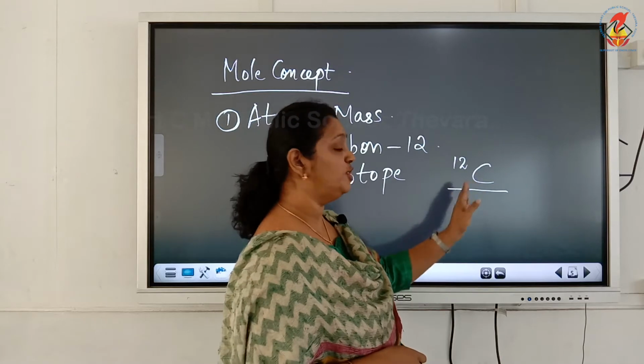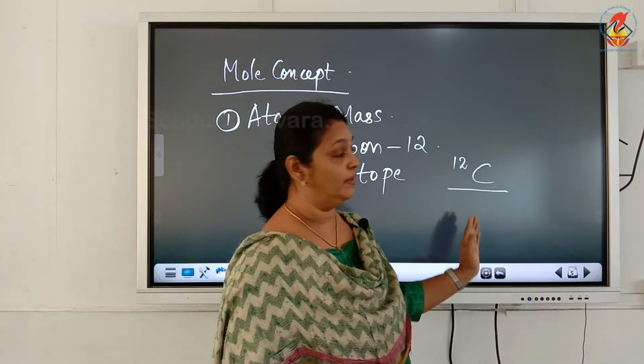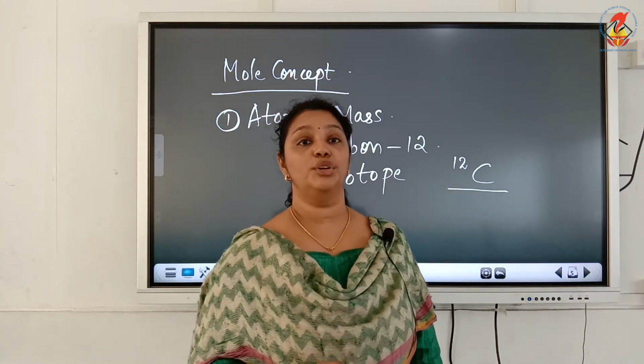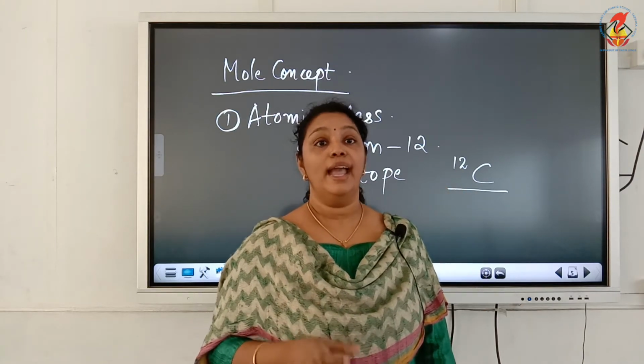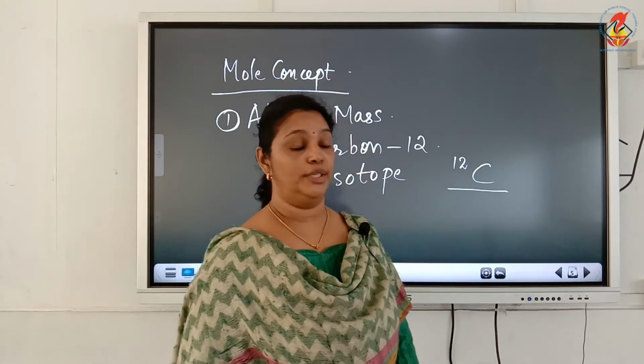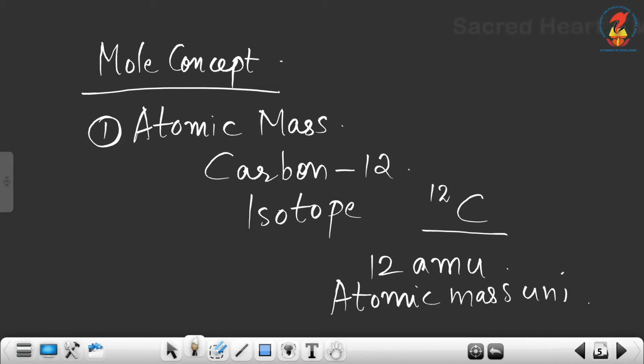So this is the carbon-12 isotope. 12 is the mass number of carbon. So the carbon-12 isotope is now taken as standard, and it is given a mass exactly equal to 12 AMU, and AMU is called atomic mass unit.